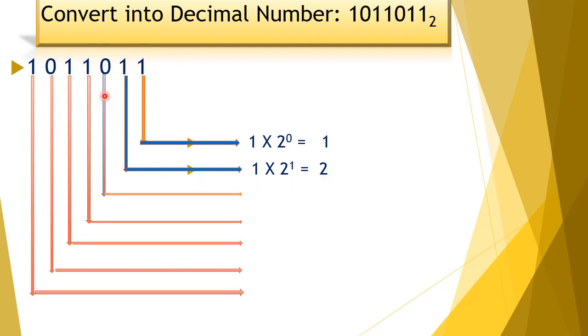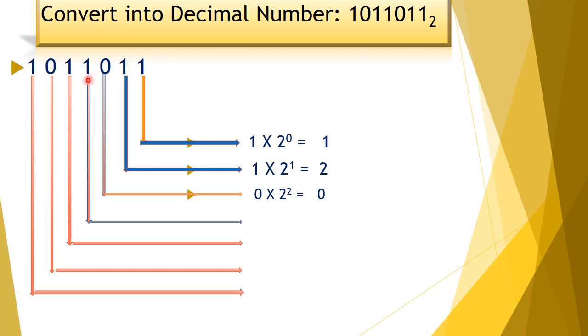Then we take the next digit 0. 0 is multiplied by 2 raised to the power 2, and the product of course is 0. Next, we take the next digit, that is 1.